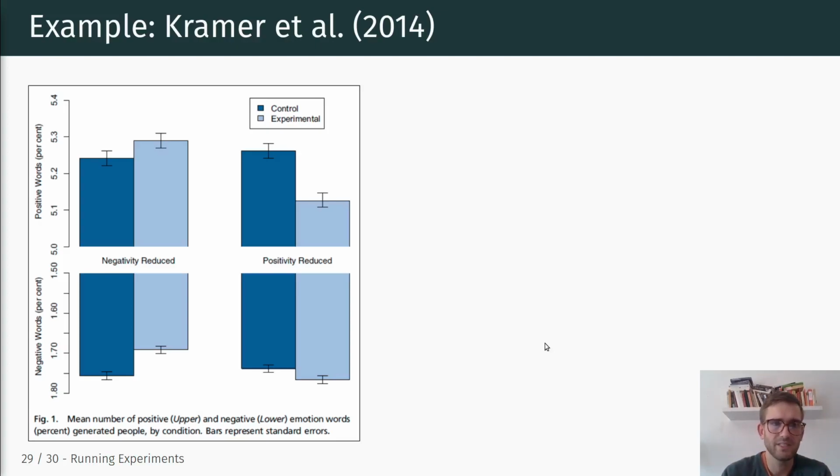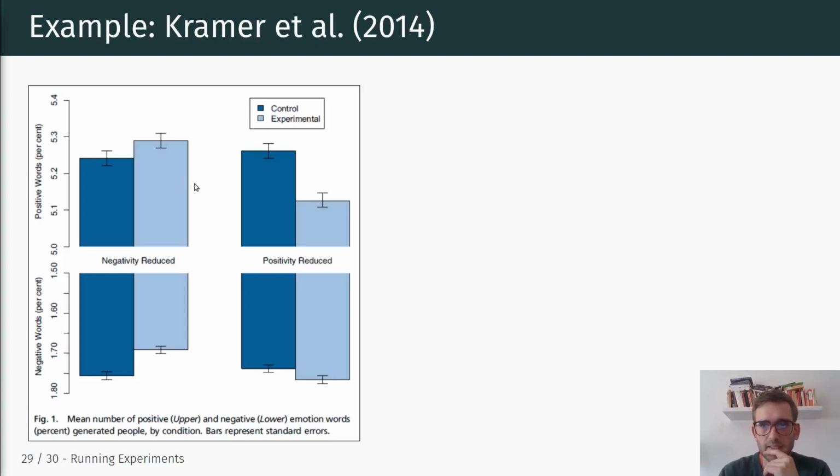And the other part is that if we look at these differences, they are statistically significant, but if you look at the actual scale here, these are percent of positive versus negative words, so these effect sizes are actually incredibly small, right? So there's also a question of to what extent these are substantively interesting effects, beyond this question of construct validity.